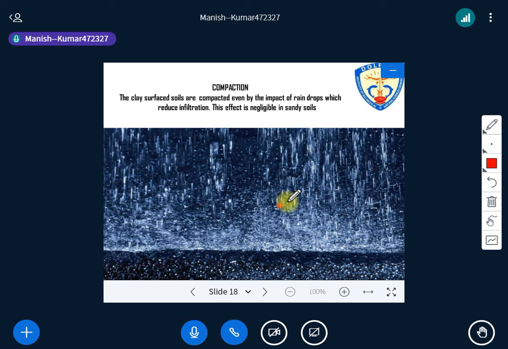If there is any kind of compaction like that, you will face very little or negligible infiltration. Basically, compaction is the packing of soil grains, how all the soil grains have been arranged. So if it is clay surface, obviously less infiltration will be there, whereas if it is sandy soil, you will get more and more infiltration there.